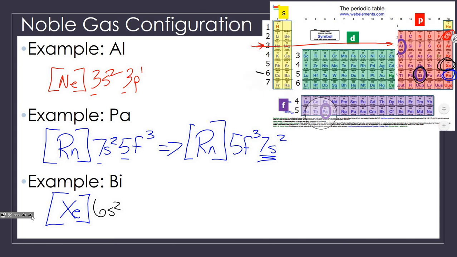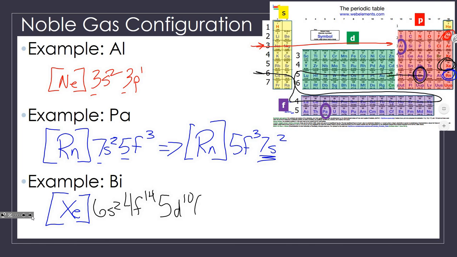After going through 6s2, I come down to 4f. I go through 14. Then I come back up and I go through the 5d, 5d10. And then I go into the 6p, how many?